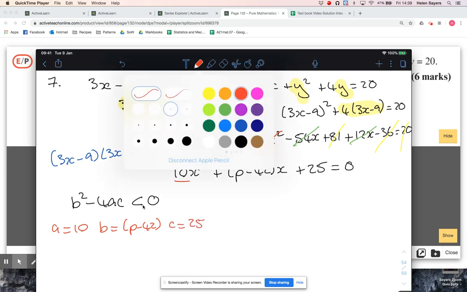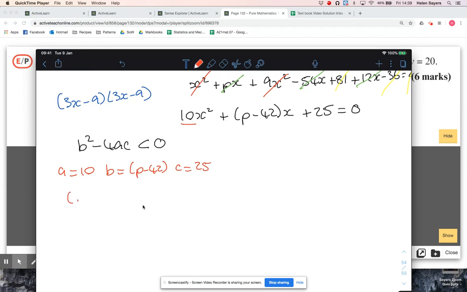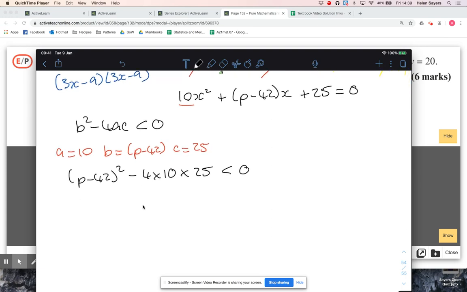So let's put those into the discriminant. b squared is going to be p minus 42 all squared, minus 4 times a times c, and that has to be less than 0 because I'm told that the two curves don't cross. Let's square those brackets out.